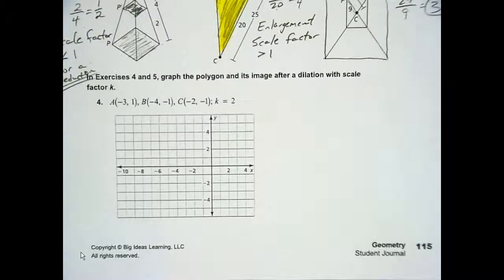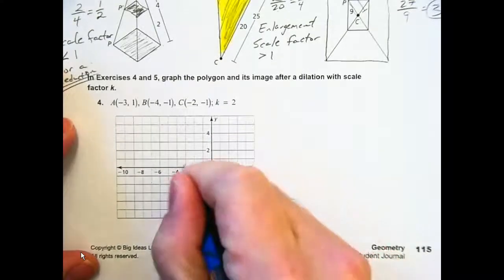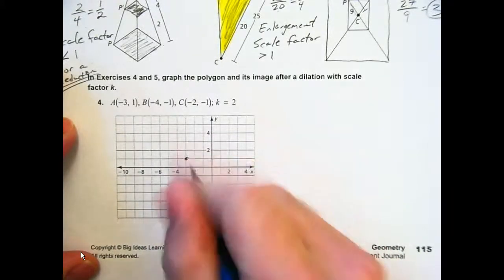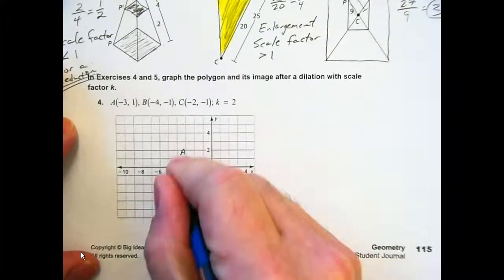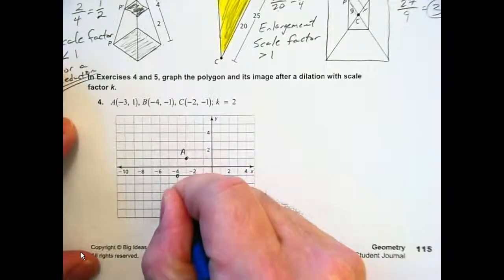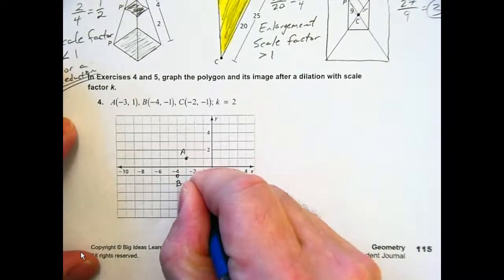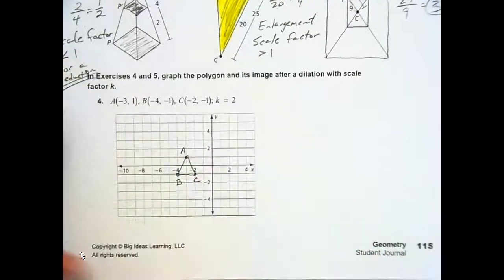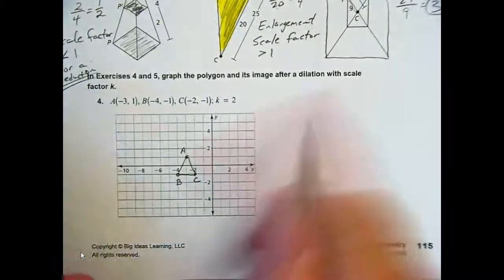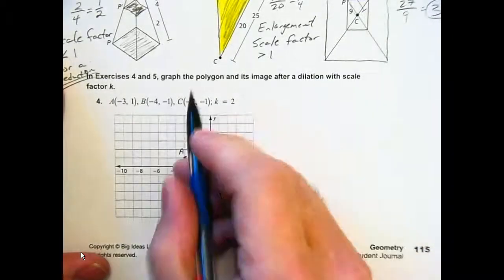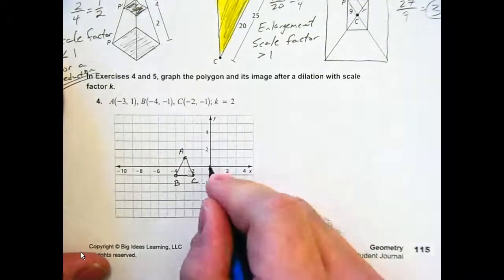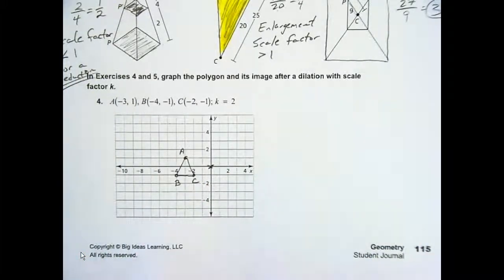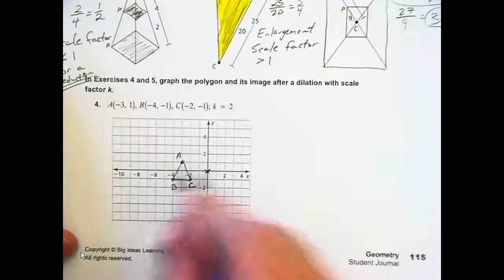So if you plot your points, that's A at -4, -1, B, and C. I got that plotted correctly. They don't actually tell you the center of dilation here, so let's assume it's at the origin. In other words, your shape is being projected from this point right here.